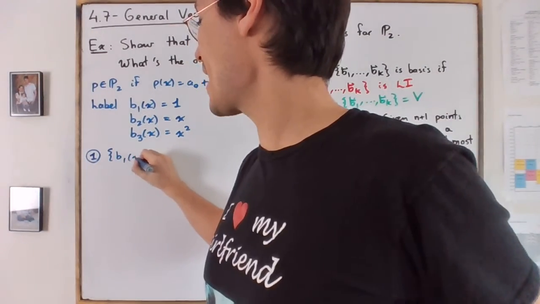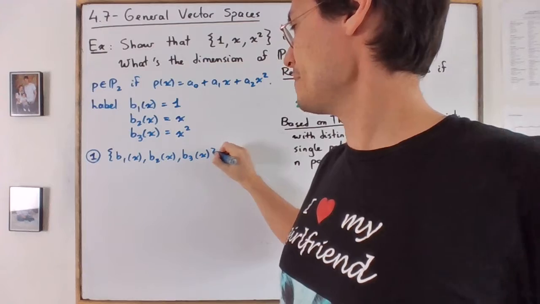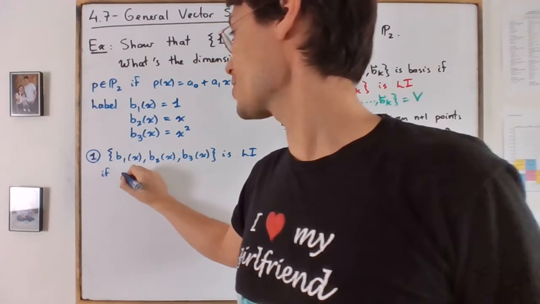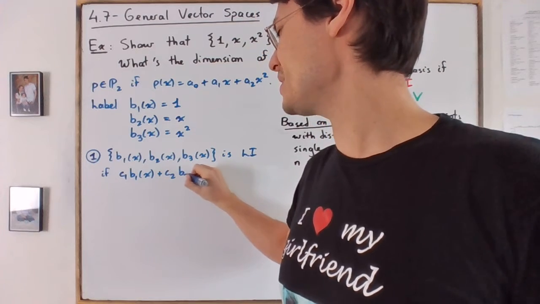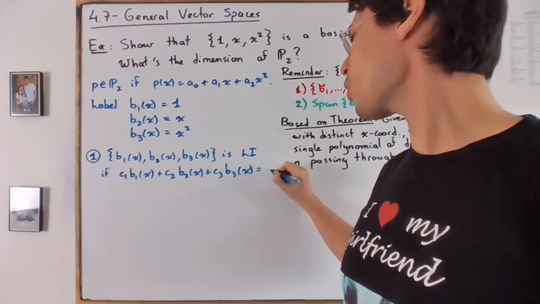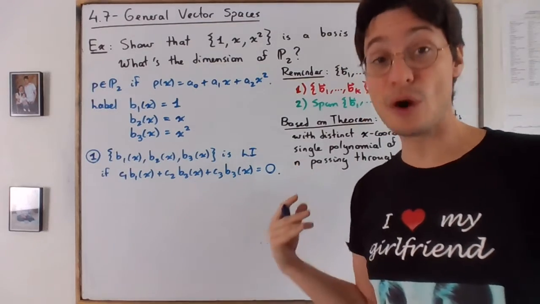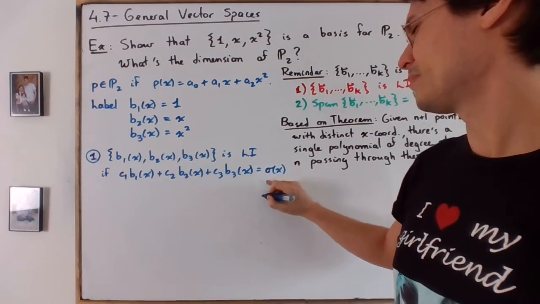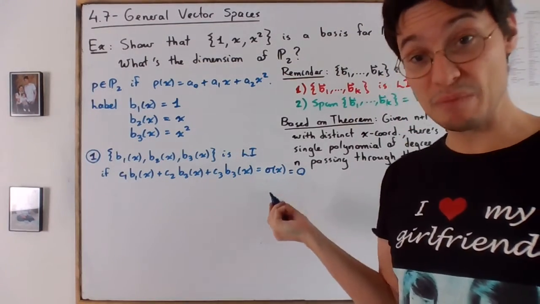B1(x), B2(x), and B3(x) are linearly independent if C1 B1(x) plus C2 B2(x) plus C3 B3(x) equals 0, where 0 in this case is the zero polynomial, which I'm going to write as O(x), implies that C1, C2, C3 must all be 0.